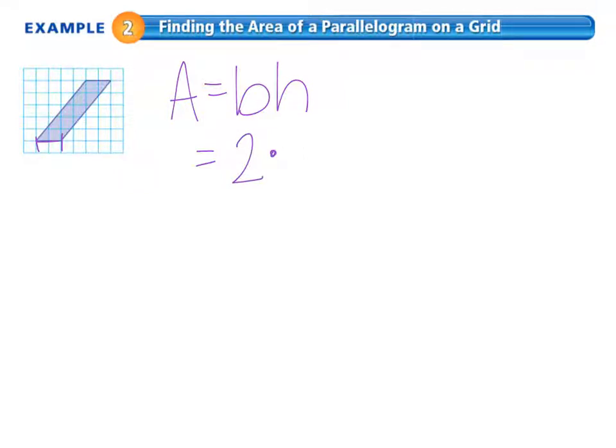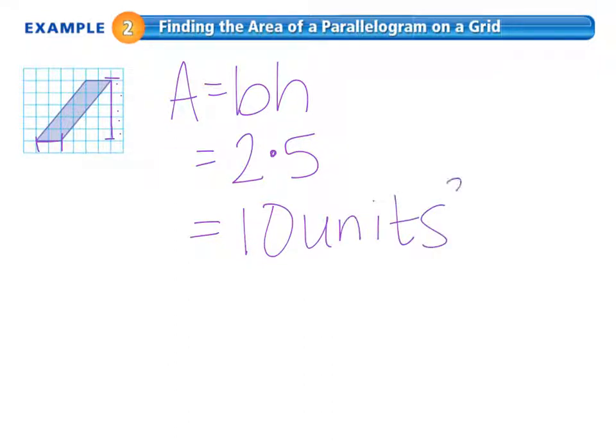So if I go up and down here, this is as low down as it goes, and it goes up that high. So that's 1, 2, 3, 4, 5 units high. 2 times 5 is 10, and then for my units, it doesn't tell me feet or meters or anything else, so I'm going to write units squared. Our area always has this power of 2.